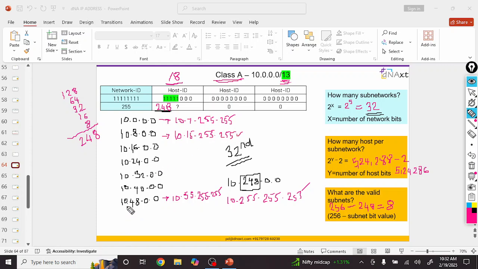Over here, the first valid host will be 10.48.0.1 and 10.55.255.254. Here the first valid host will be 10.248.0.1 and the last valid host will be 10.255.255.254. So this is all about /13.